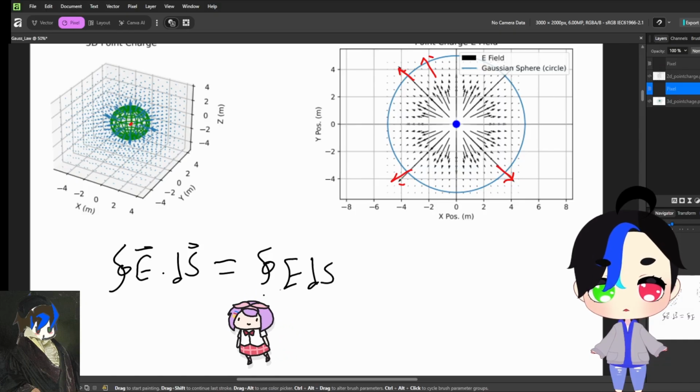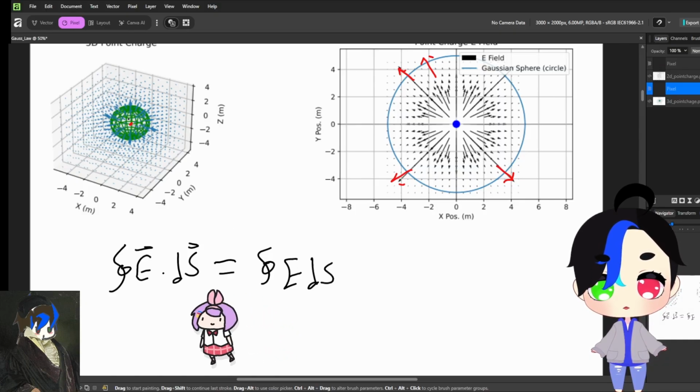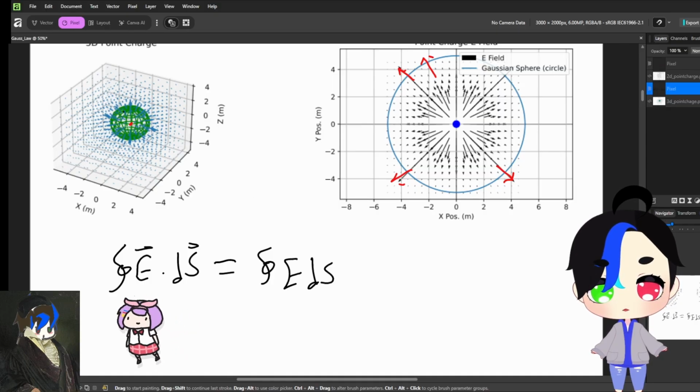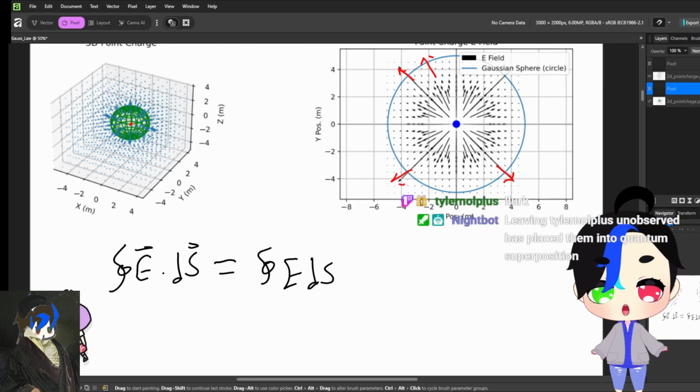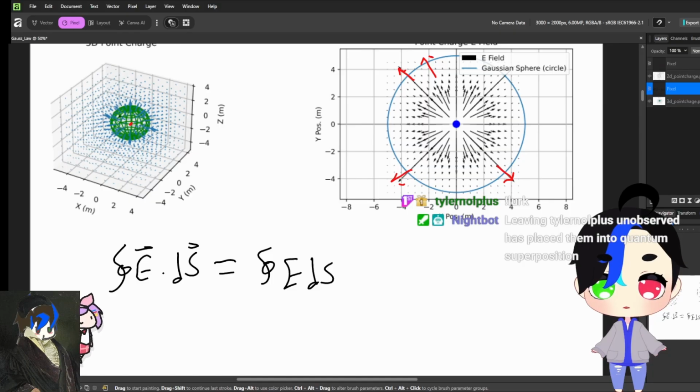As long as I keep in mind that this E field is pointing radially, because the surface vector of the surface I constructed points radially. And because the E field magnitude is constant over this surface, I can take it out of the integral.